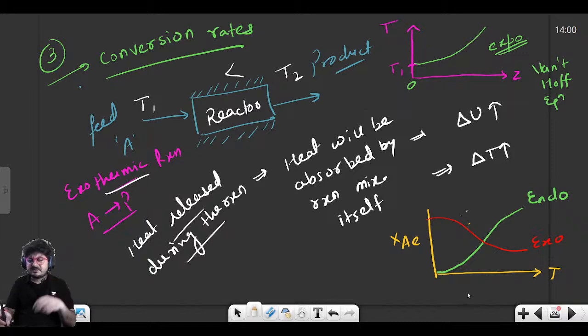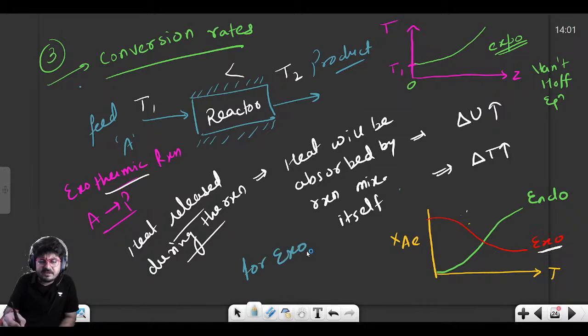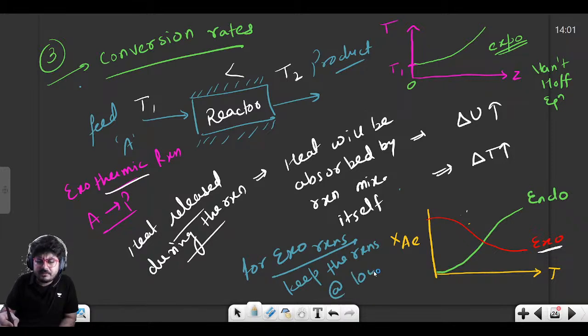So here you can understand that for exothermic reactions, we try to keep the reactions at low temperatures. If you see the graph of equilibrium conversion versus temperature, we have high equilibrium conversion when the temperature is low. So you can understand this.